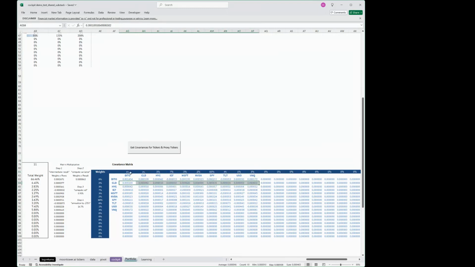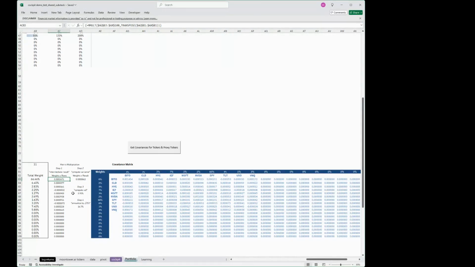Again, we're just taking this number times this number, this number times this number, and summing it all across. There are 10 assets here, so this is going to give us a 10 by 1 vector. Each one of these numbers is the sum product of this row with this row, so the weights times the row.